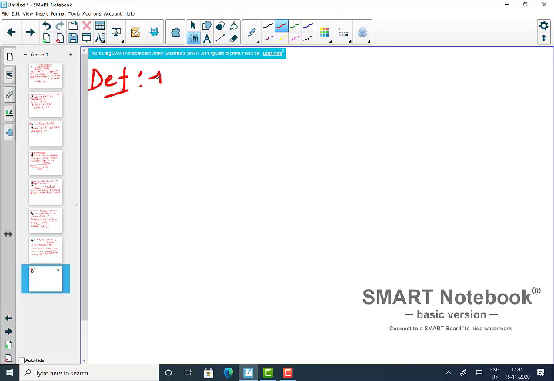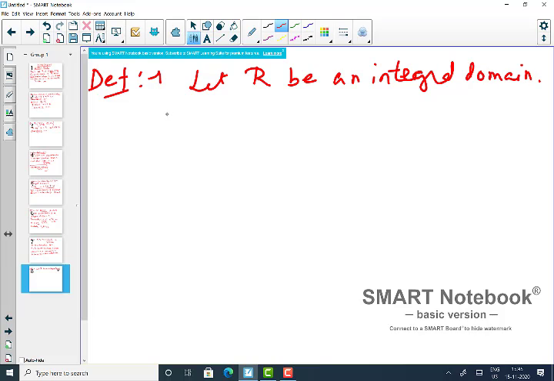Okay, and now we are going to discuss some special kind of integral domain, how this will look like. So definition: let R be an integral domain. It is the minimum we require. Okay, this is given to us, and now I will define many definitions.